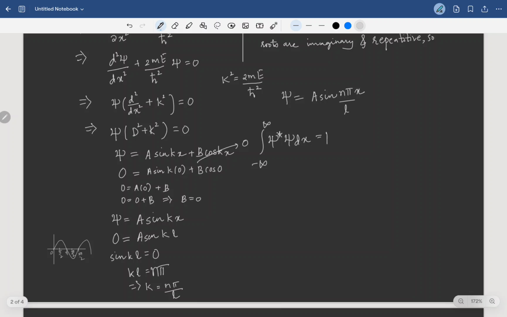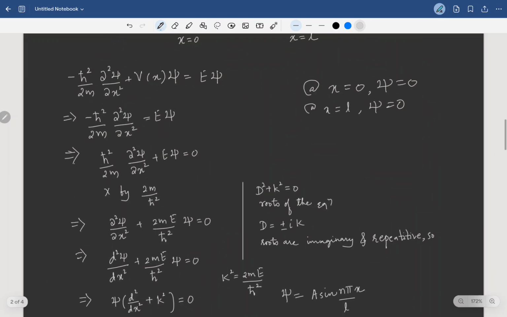By doing this, we get psi star means psi, in this case A squared into sine squared n pi x by L into dx from minus infinity to infinity.